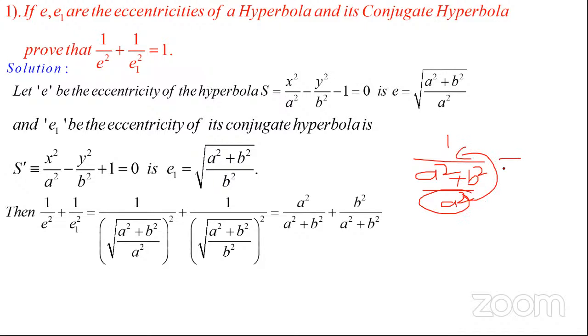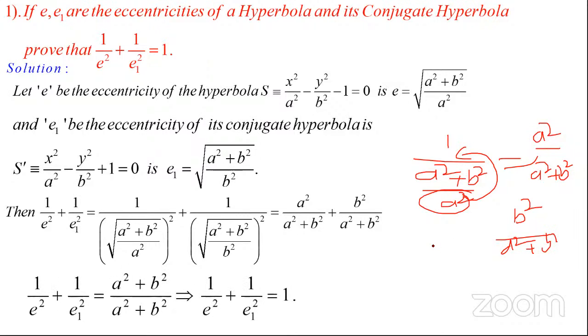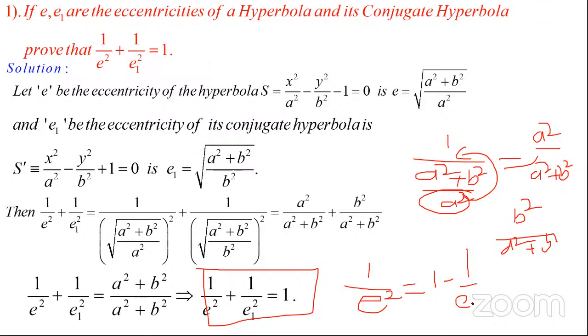Similarly in the other one, I will get b square by a square plus b square. So this is for the hyperbola eccentricity, and the next one is the conjugate hyperbola. Then this value a square plus b square by a square plus b square is equal to 1. And also from this we can do one or two problems, using this formula: 1 by e square equal to 1 minus 1 by e1 square.